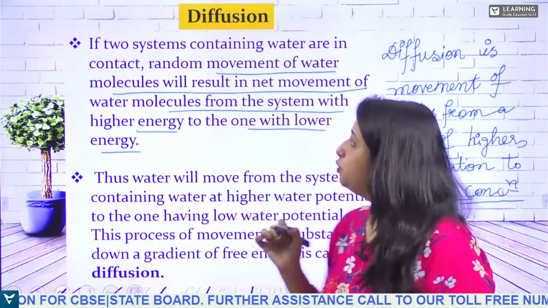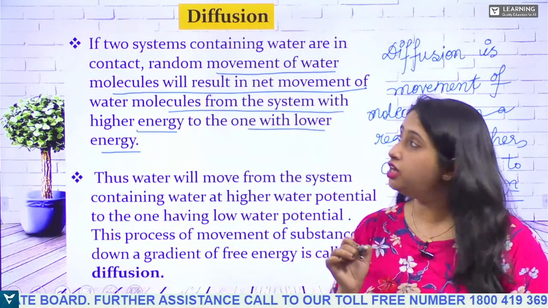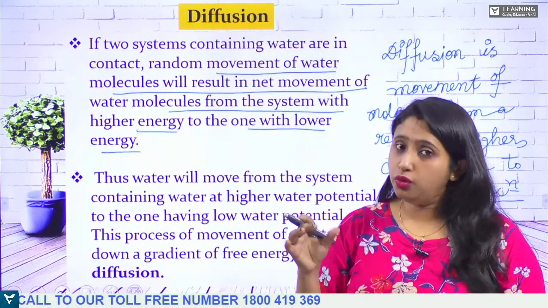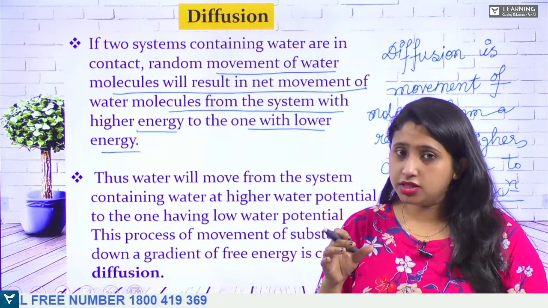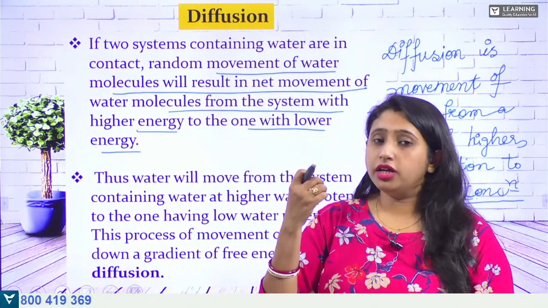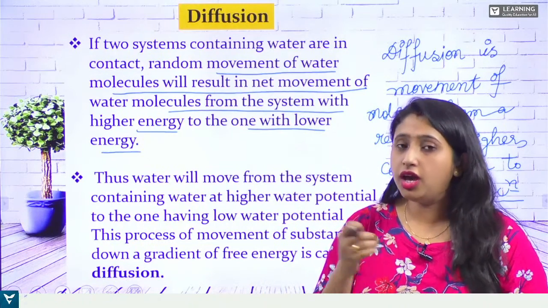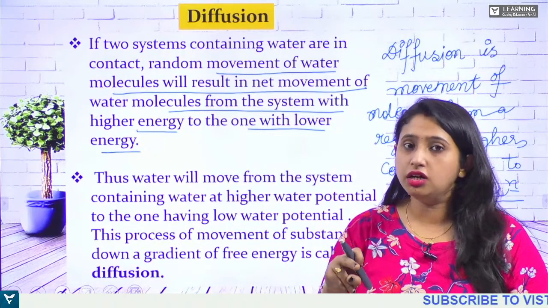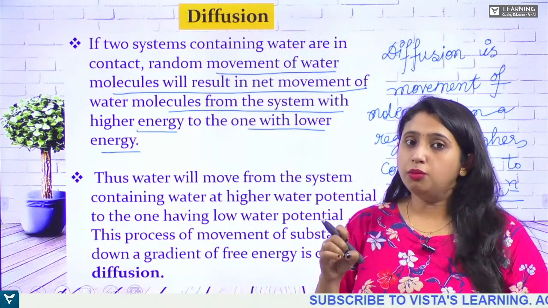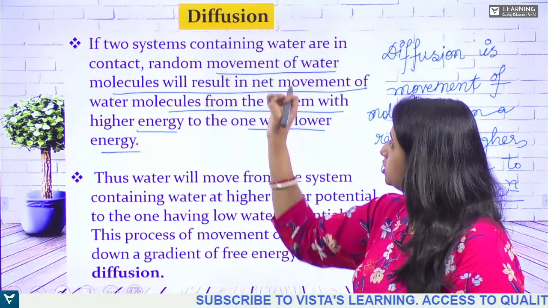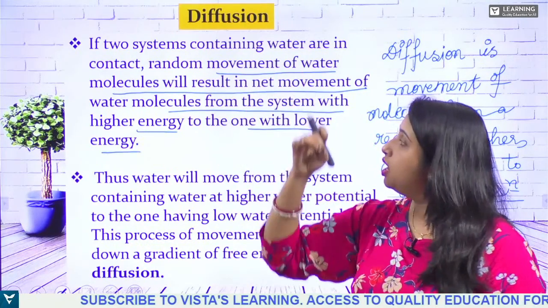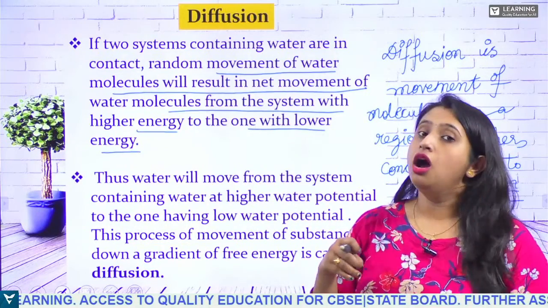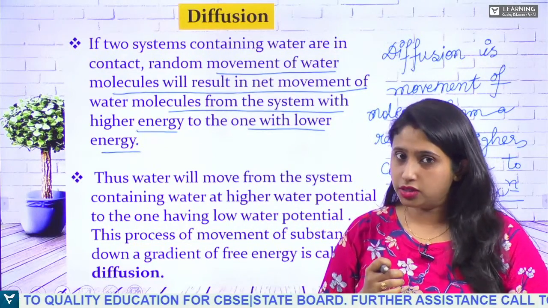If two cells containing water are in contact with each other, then the molecules will move from higher energy, that is higher concentration, to lower energy, that is lower concentration.